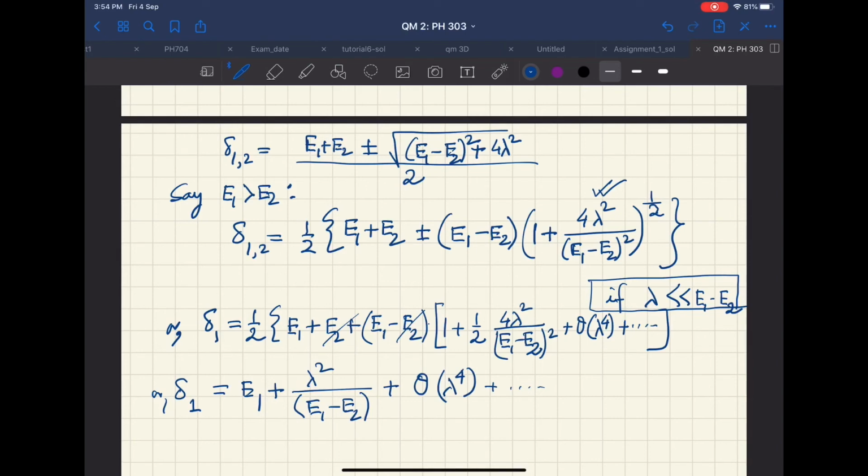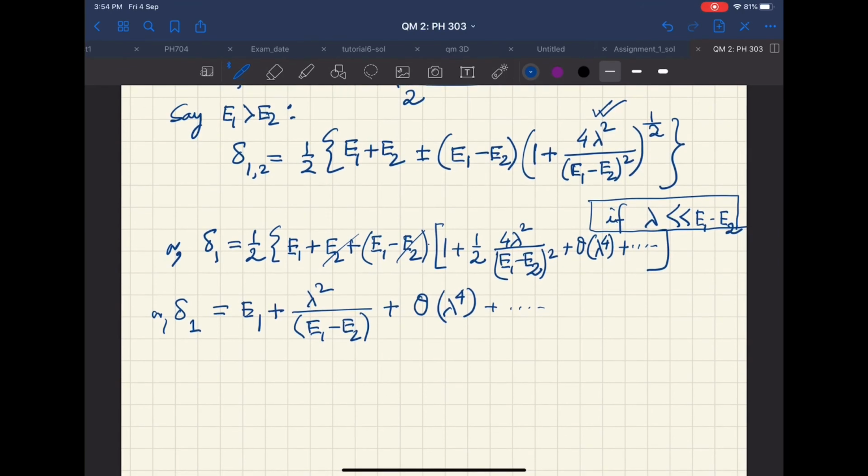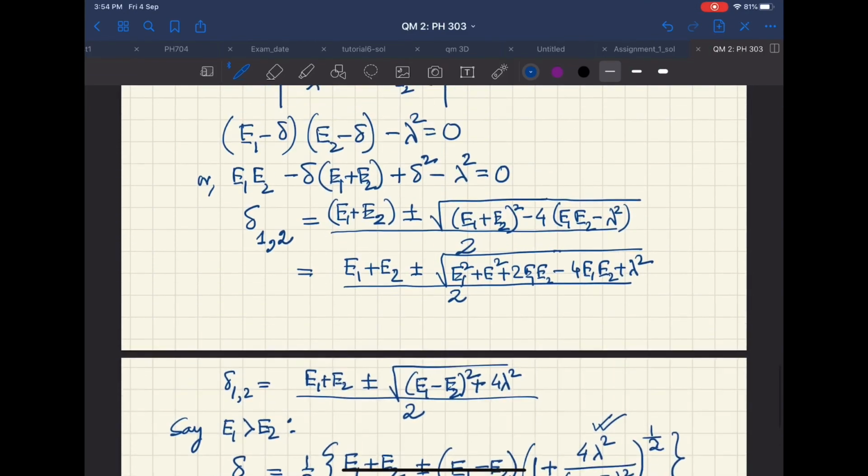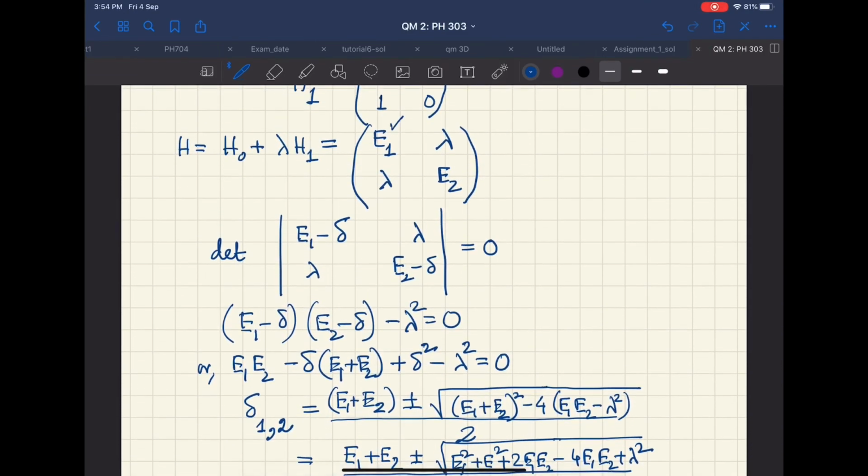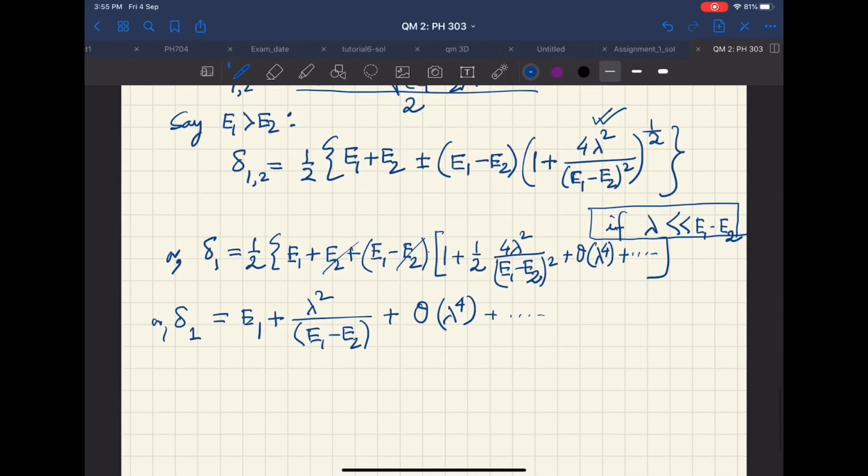The important point to note in this particular example is that even though the small parameter lambda was linear in the Hamiltonian H, remember H had simply e1, lambda, lambda, e2 as the entries of the Hamiltonian matrix, if we compute the eigenvalues, we have all powers of lambda.